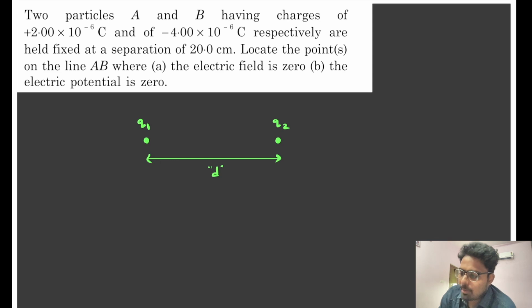Where people feel difficulty is that they try to analyze too much, and they want to know where the potential will be 0. So for doing so, either they'll be guessing or they'll get confused about where to take that point, here or here or here. So remember, in physics, most of the times, whenever we don't know the side or the direction of anything, we can simply assume anywhere.